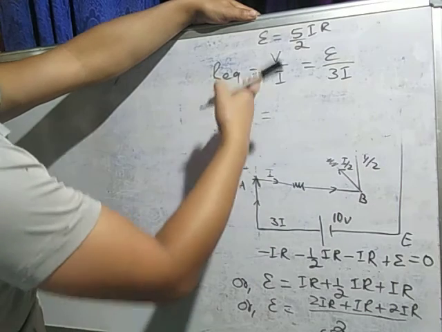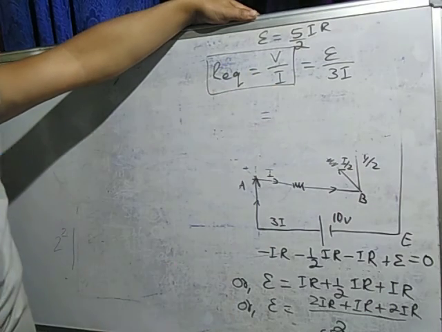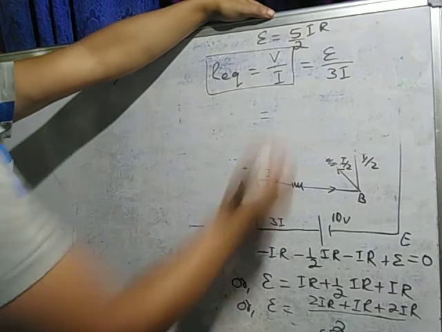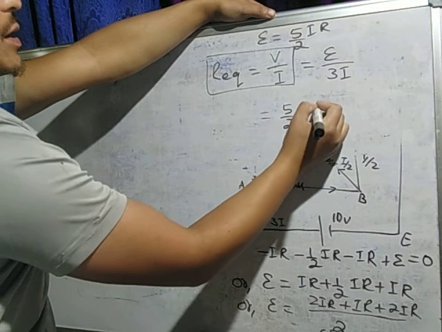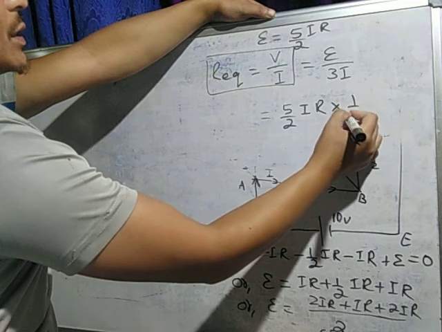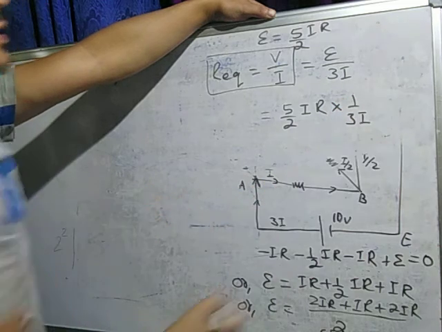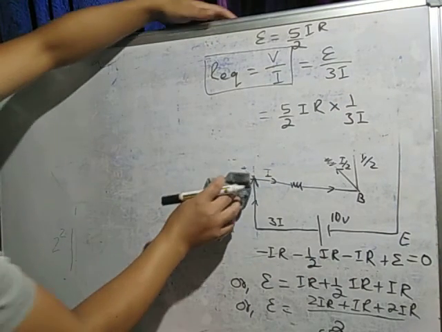Why? Because you are not playing with this formula. Okay, you should play with the formula. So this we have already found, 5 by 2 IR into 1 by 3I. So how much will you get?